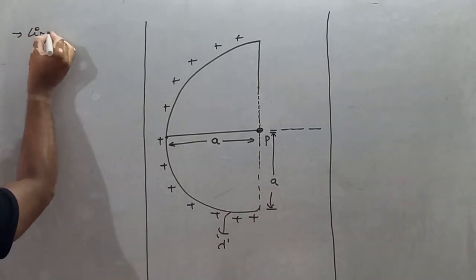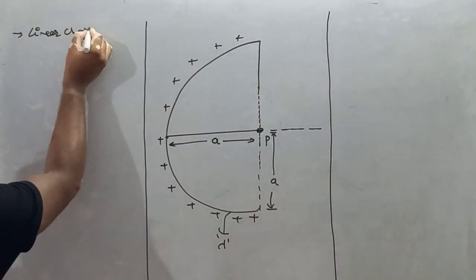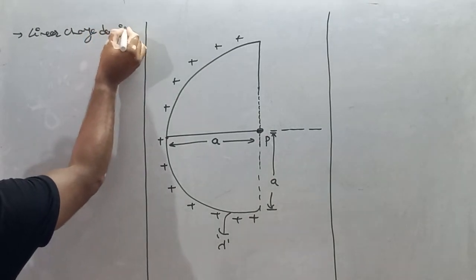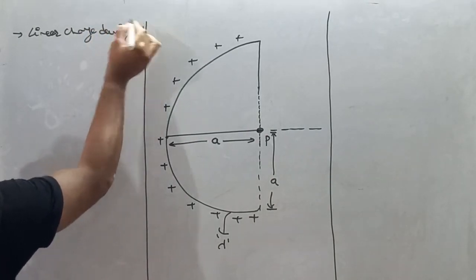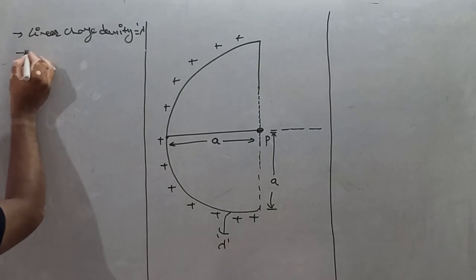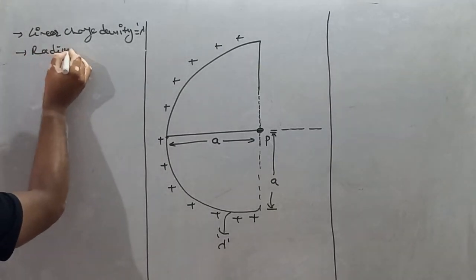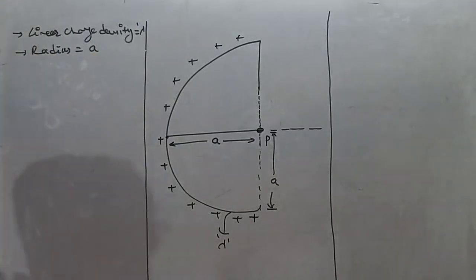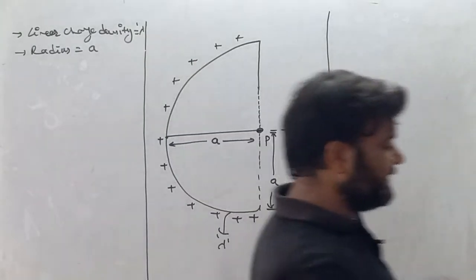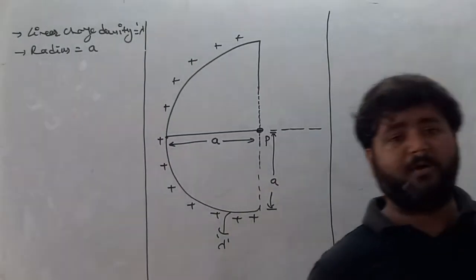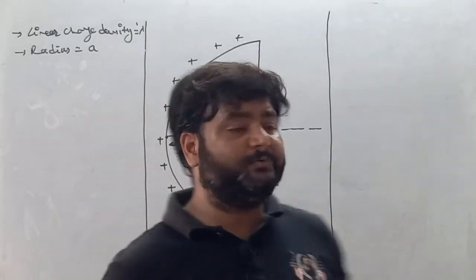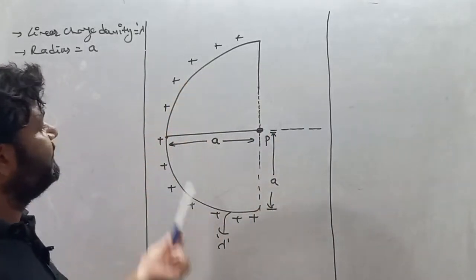So here the linear charge density, my dear students, is lambda, its radius is equal to a, and we wish to find the electric field at point P due to this semicircular arc.